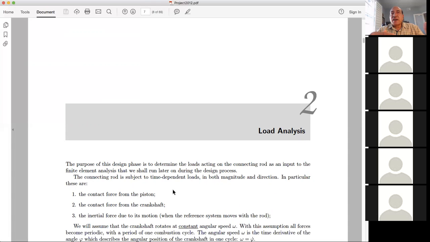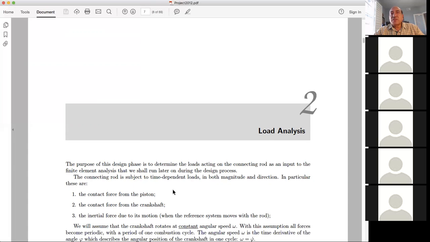So the connecting rod will have essentially static forces on it that allow us to do the analysis in COMSOL under static conditions without worrying about dynamics and vibrations and elastic waves and so on. So this is the first step.